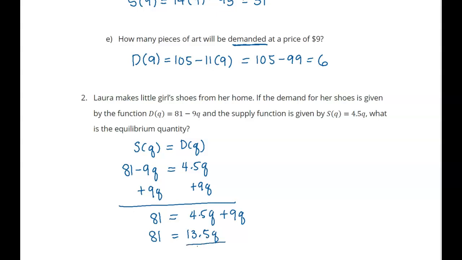Then, to solve for q, let's divide both sides by 13.5. So 13.5 will cancel out. So dividing both sides by 13.5, you have q equal to 81 over 13.5, which you can simplify to be equal to 6. That means that we need 6 little girls' shoes to obtain equilibrium.